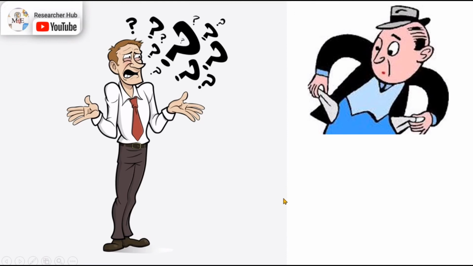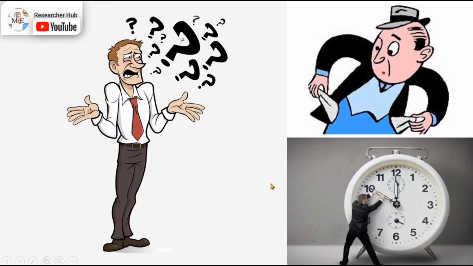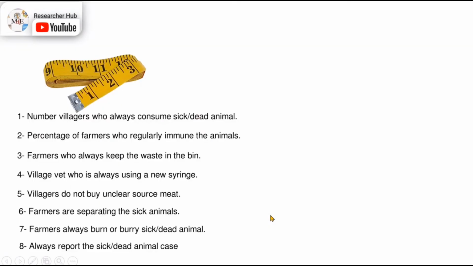Remember that having an indicator means we have to collect the data, and data collection is associated with budget and time. Make sure that we have enough budget and enough time to collect only an appropriate number of indicators. So from that, we have to select only 3. Now let's select 3 together.